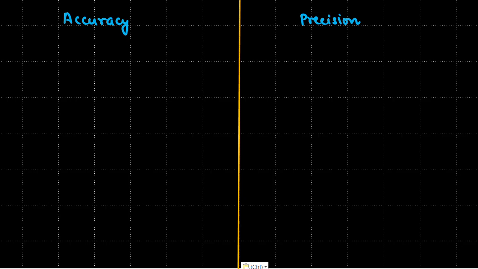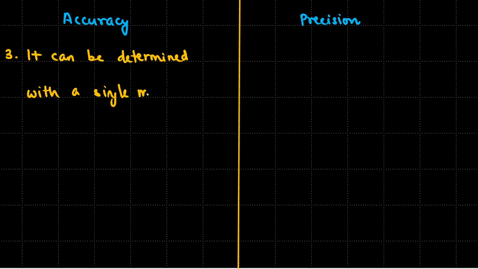Now let's go. So the third point that we are going to discuss is, for accuracy, it can be determined with a single measurement, since you can just check the single measurement with the actual value to see if your value is accurate or not.